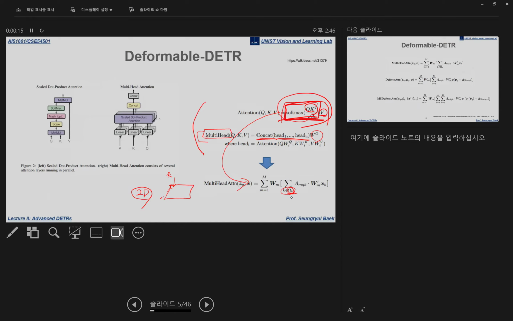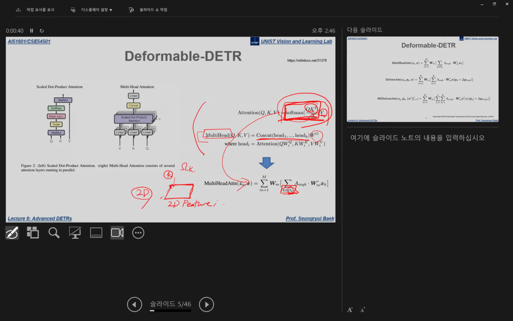So this omega k is normally defined as all of the nearby, I mean, all of the pixels in the images. Okay. So k is belonging to omega k, and omega k is normally denoting all the pixels in the 2D feature map.